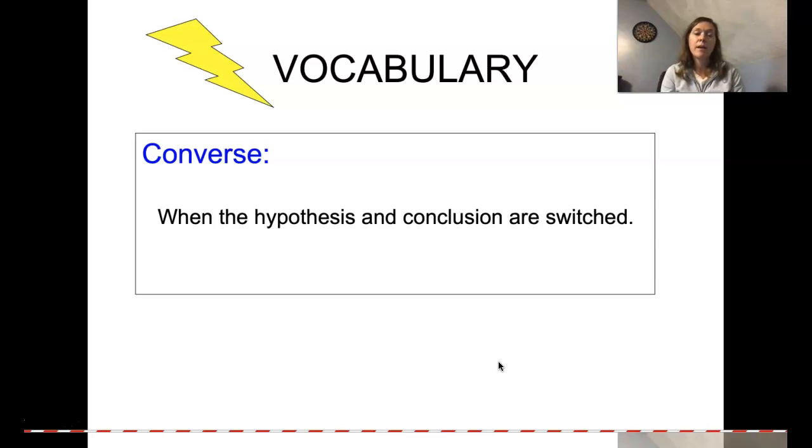So if I was saying the conditional statement, if it has whiskers, then it's a dog, the converse would be if it's a dog, then it has whiskers. Well, that's true, right? I would hope all dogs have whiskers. That would be a really weird dog if it didn't.